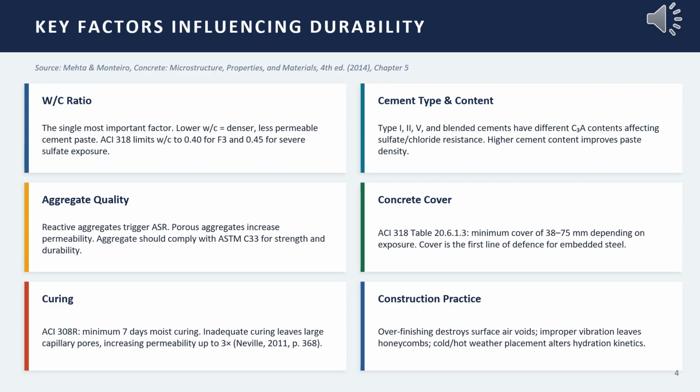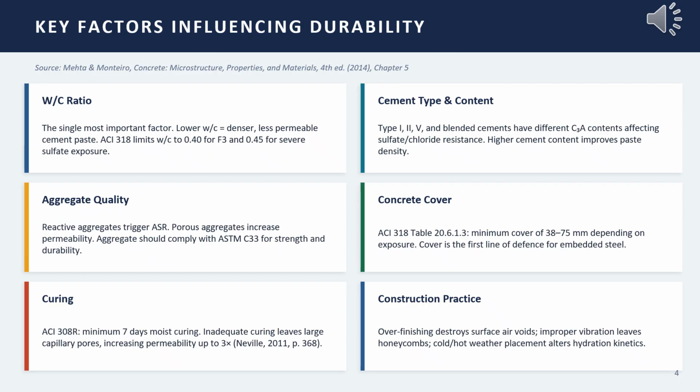Now, what actually controls durability? There are six fundamental factors, and I want you to understand each one physically, not just memorize them. The first and most important is the water to cement ratio, or water cement ratio. This is the single most influential parameter in concrete technology.